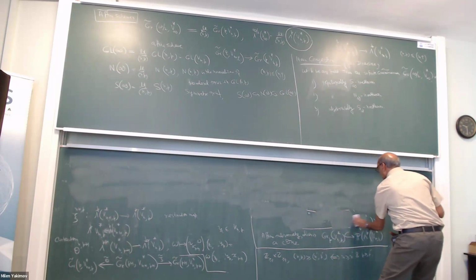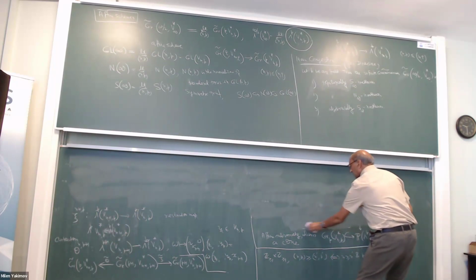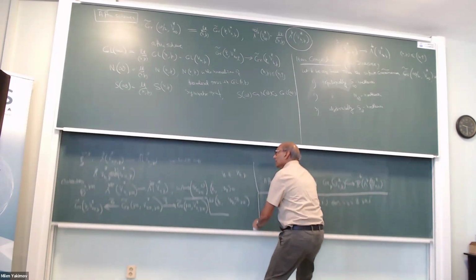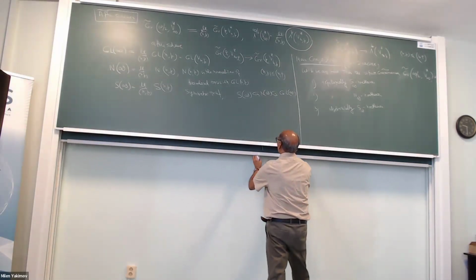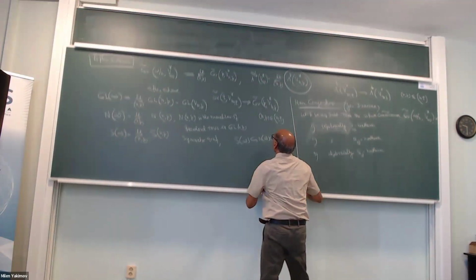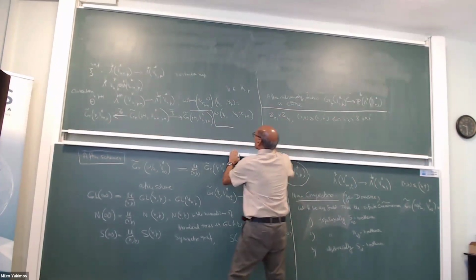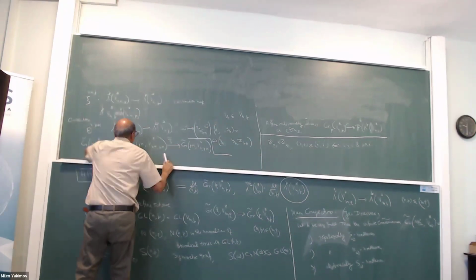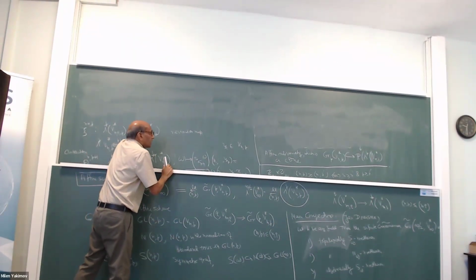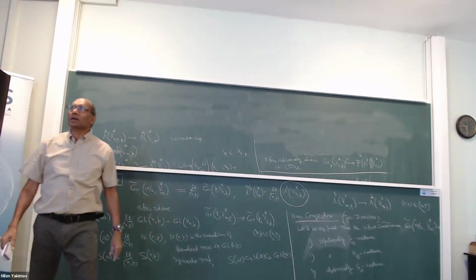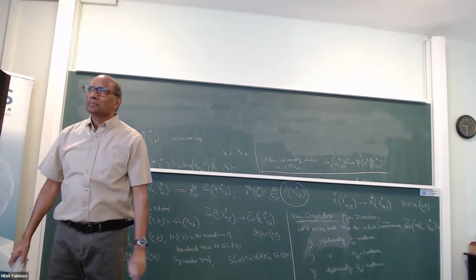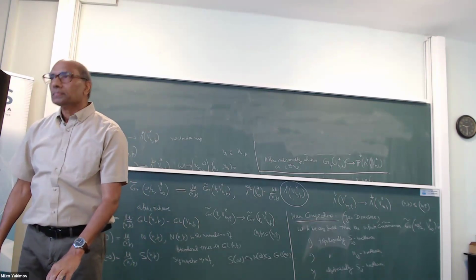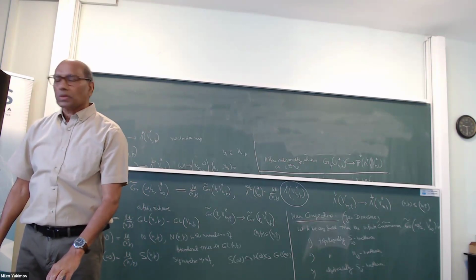While you're erasing, let me just ask: if the scheme is a pro object, and the group is an ind group, as opposed to having a pro group acting on the ind scheme.